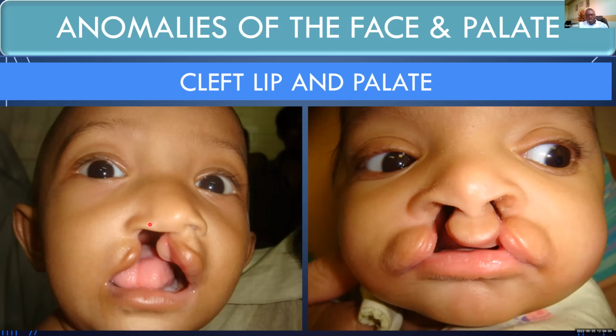So failure of fusion of one palatal shelf with the other two structures, which means the corresponding palatal shelf and also the intermaxillary segment. So this cleft here is a cleft of both the primary and the secondary palates. Here is bilateral, so the same concept except now right and left side.